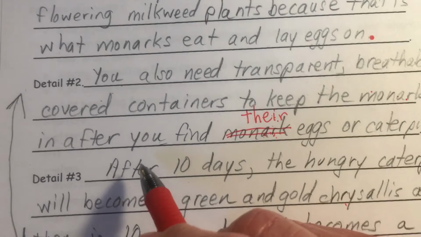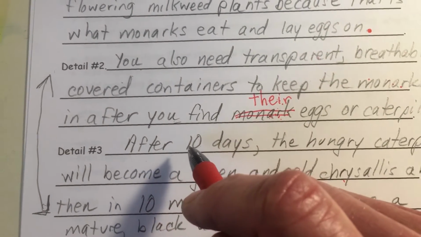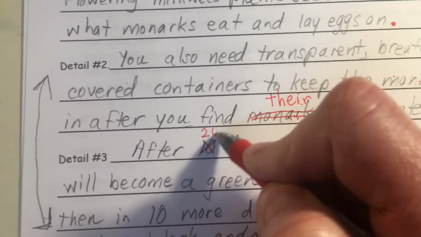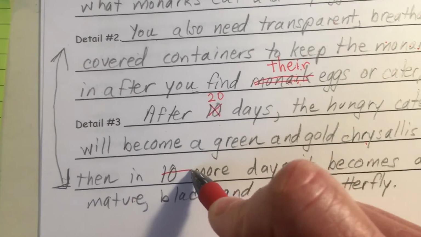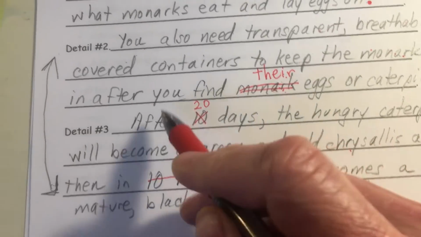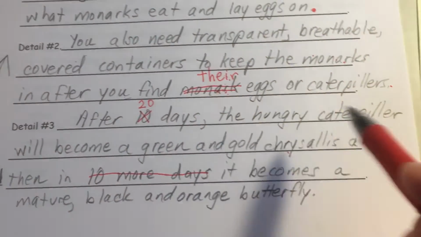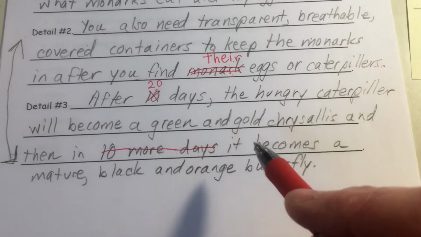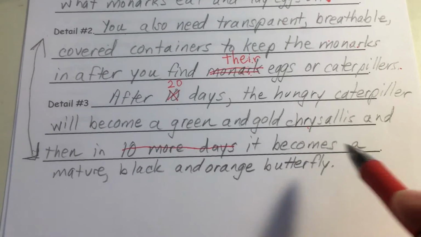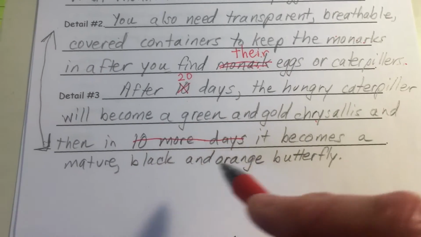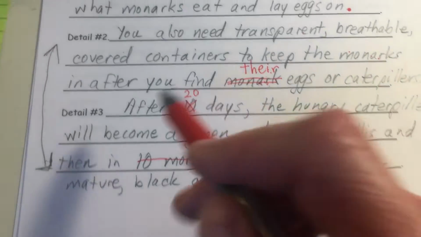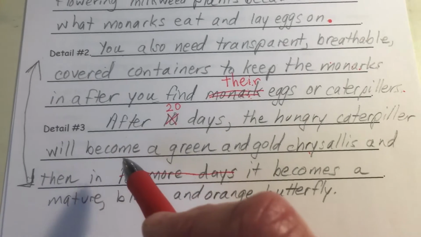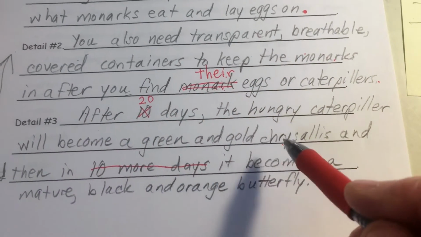So we could put 20 days and cross that off. So after 20 days, the hungry caterpillar will become a green and gold chrysalis, and then it becomes a mature black and orange butterfly. That's getting better.